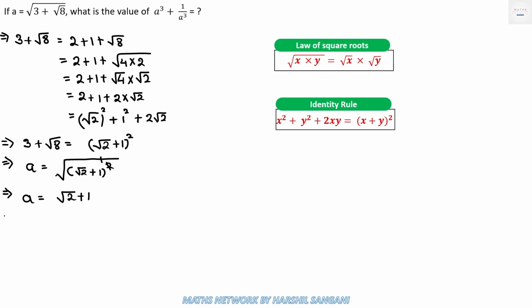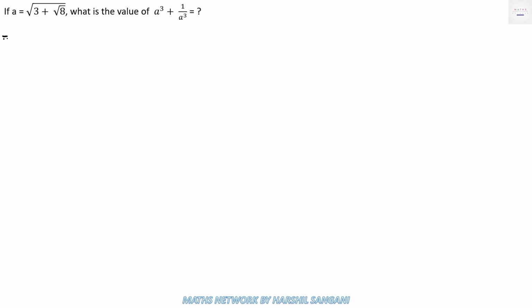And similarly guys, the value of its reciprocal, which is 1 upon a, will equal 1 upon root 2 plus 1. Now guys, in our next step, we will be finding the value of a plus 1 upon a. So right now we can write this as root 2 plus 1 plus 1 upon root 2 plus 1.